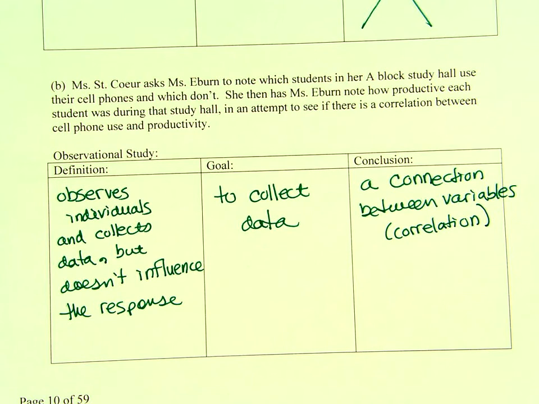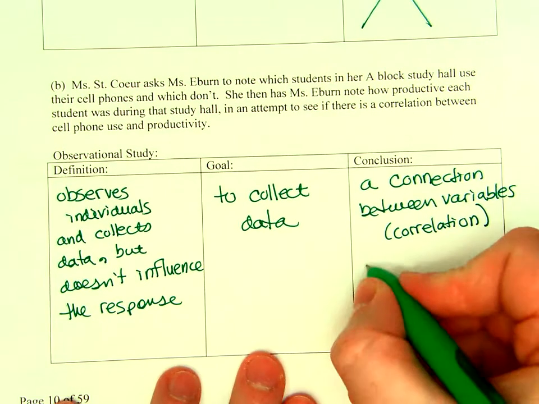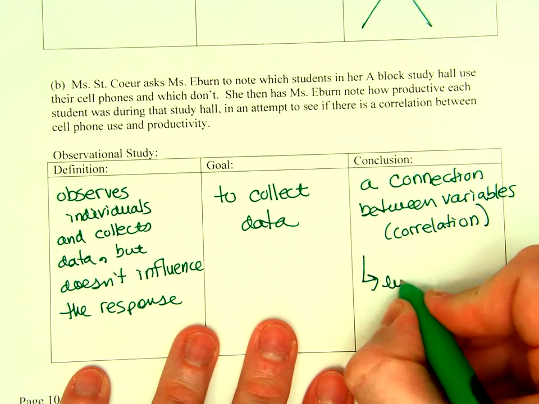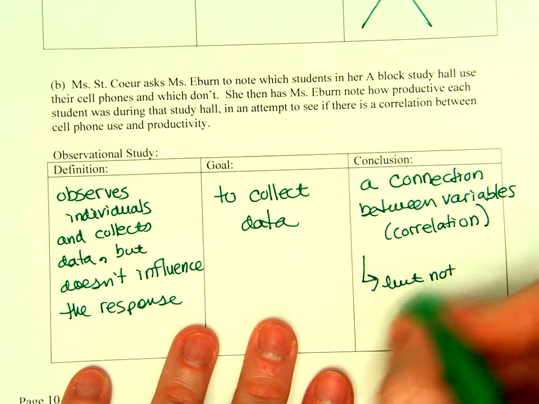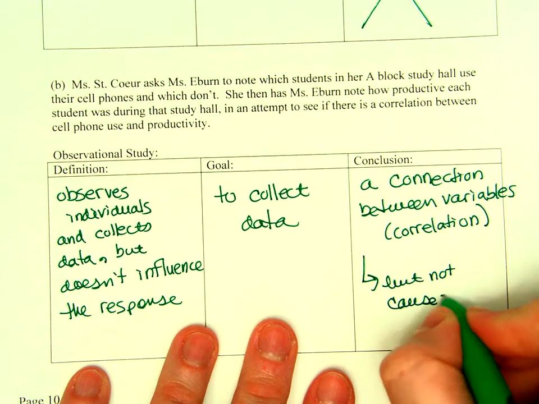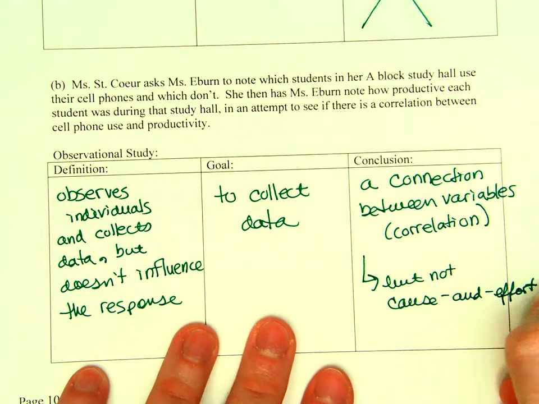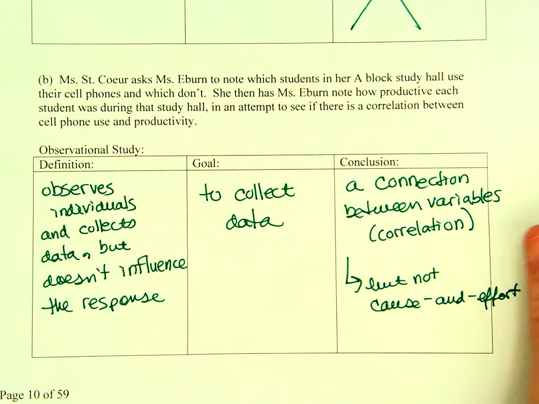What's important, though, is that if we run an observational study, it can determine a connection between things, but not cause and effect. We can't necessarily say that just because we see a connection between these things, cell phone use causes people to be less productive or more productive. And the reason for that is the students are basically choosing their own groups of what they're in.